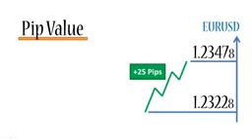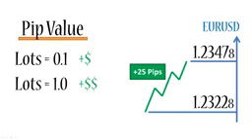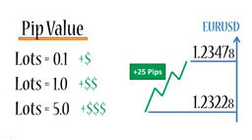So if our buy order had a volume of 0.1 lots, then we got a certain amount of profit from this transaction. If our buy order was 1.0 lots, then we got much more profit. In fact, 10 times more profit from this transaction. If our buy order was 5 lots, then we got even more profit from this transaction. 50 times more than in the original case. So that is exactly what we mean when we say that pip value is both a function of how much the currency pair has moved and how much you have invested into this particular trade.